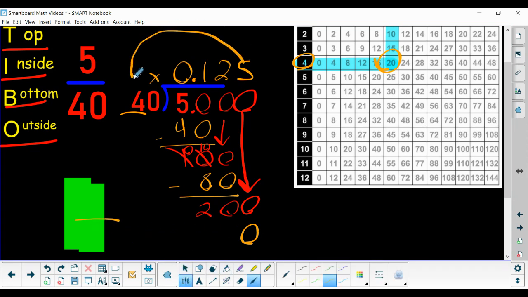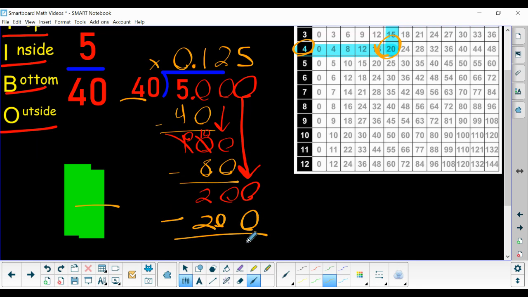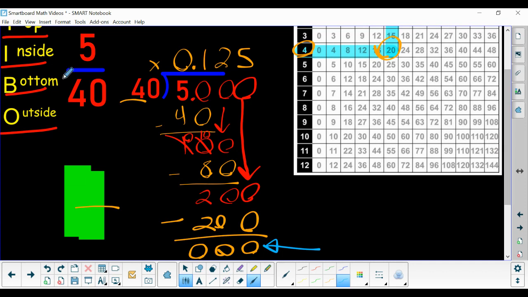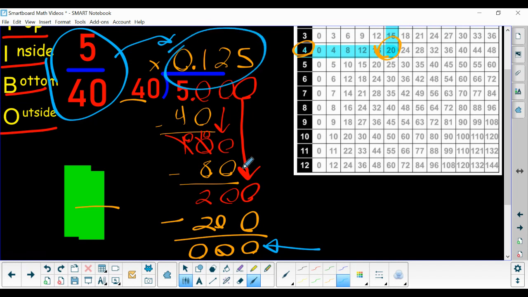And then 5 times 4 gives me 20. I subtract 0 minus 0, 0, 2 minus 2 is 0, and we are done. Once you have nothing left over, you have your answer. So I just converted 5 out of 40 into 0.125.